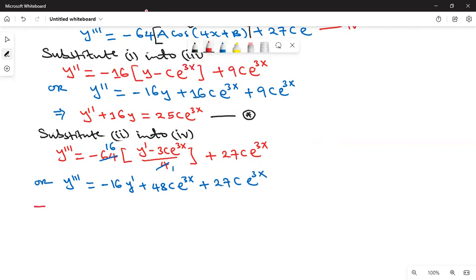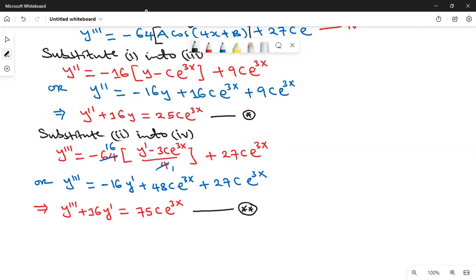You can write, therefore, y third prime plus 16y prime, when you combine 48 and 27, that will give us 75c exponential 3x. So I'll call this other one equation star star.